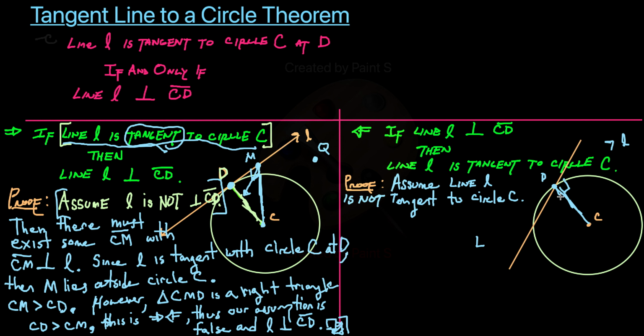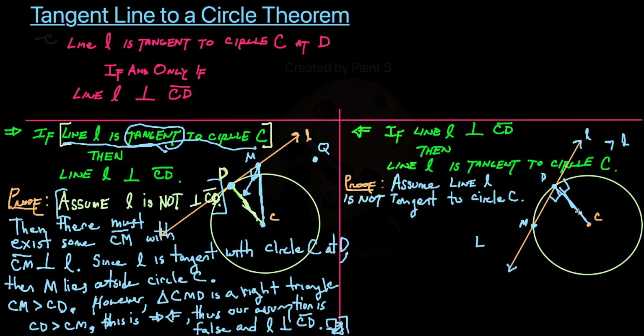That means that it intersects the circle at D and some other point M based upon my assumption. Again, this is L now. Line L is perpendicular to CD.